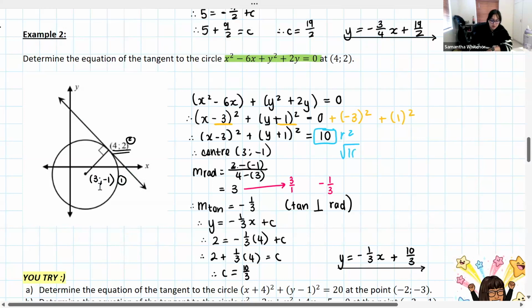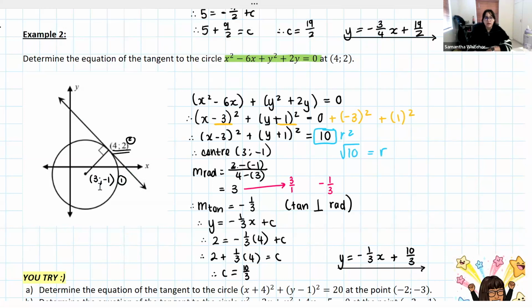So you would just square root it, and that would give you the length of your radius. Alternatively, if you really wanted to be fancy, because you know the center and because you know the point 4, 2, you could use your distance formula and work out the length. But I wouldn't waste my time. I would just square root whatever r squared was. But you can if you want. If you really enjoy the distance formula, go for it.